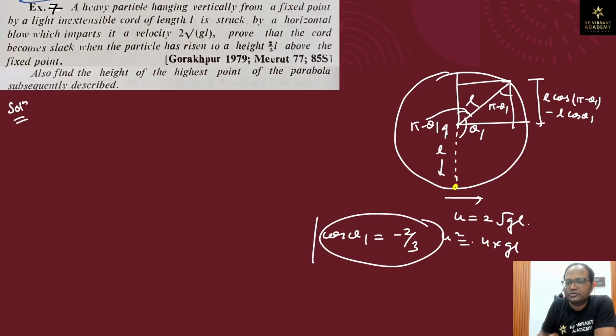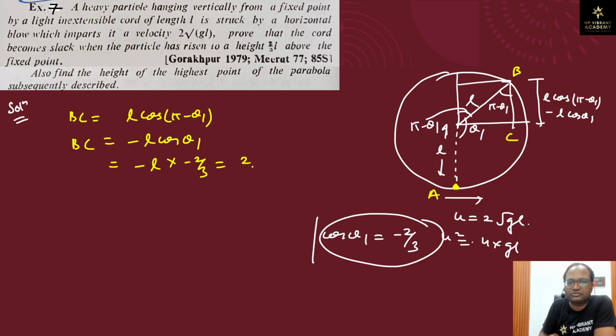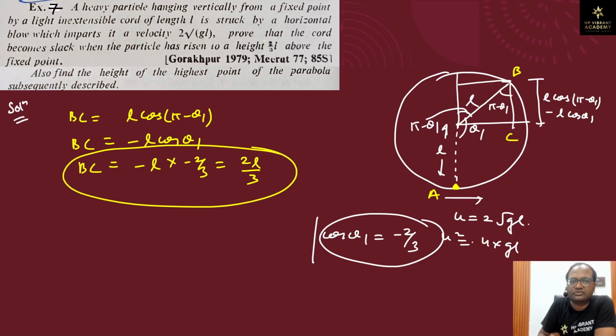Let us put this point as A, this point as B, and this point as C. So BC is equal to L of cos pi minus theta 1, which is equal to minus L cos theta 1. Since cos theta 1 is minus 2 upon 3, this is 2L upon 3. So this is asked in the question: prove that the cord becomes slack when the particle has risen to a height 2L upon 3 above the fixed point.